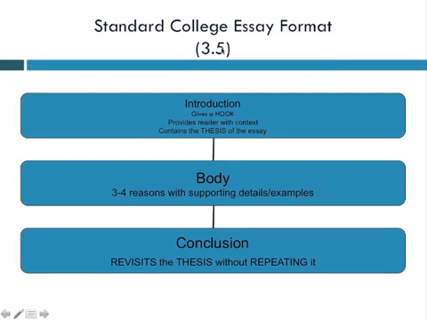It's called 3.5 because, first off, there are three main parts to the essay: the introduction, the body, and the conclusion. And then it's called .5 because there usually are 5 paragraphs: one paragraph for the introduction, one paragraph for the conclusion, and usually 2 to 3 paragraphs for the body. Of course, there could be more, but this is just referring to a standard college essay format.